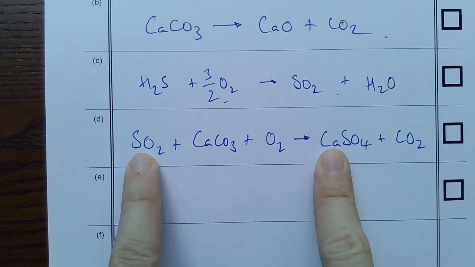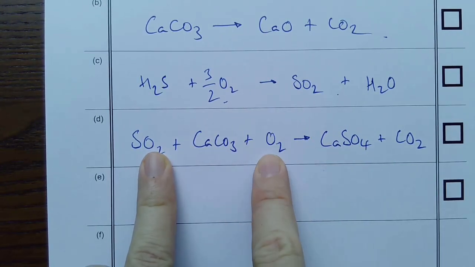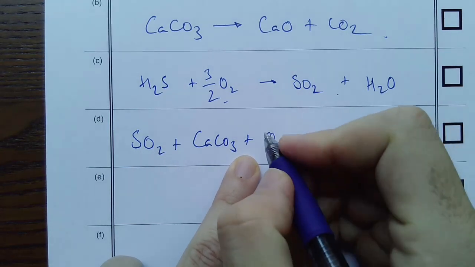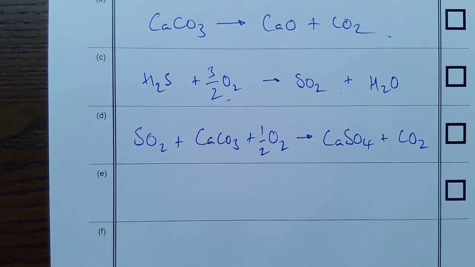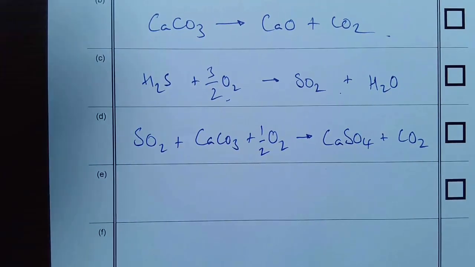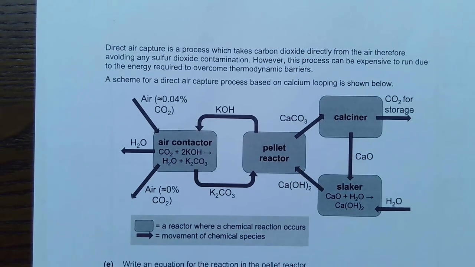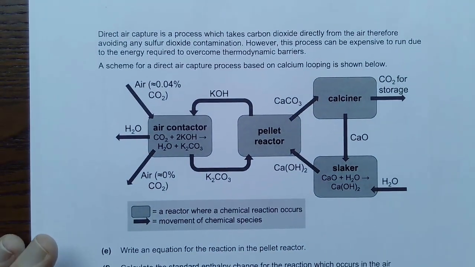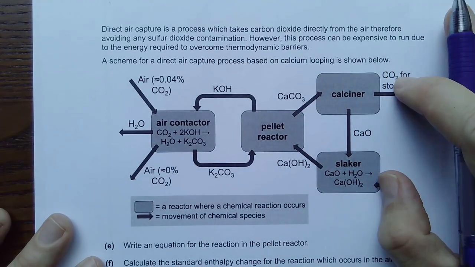One calcium, one sulfur, and then I've got 1, 2, 5, 7 oxygens. I've only got 6 here, so I can just put a half oxygen there.